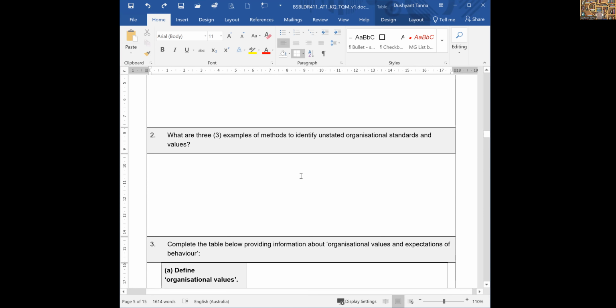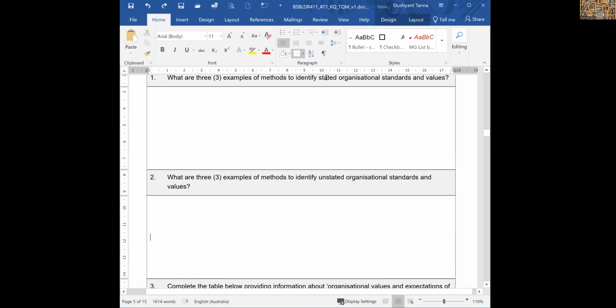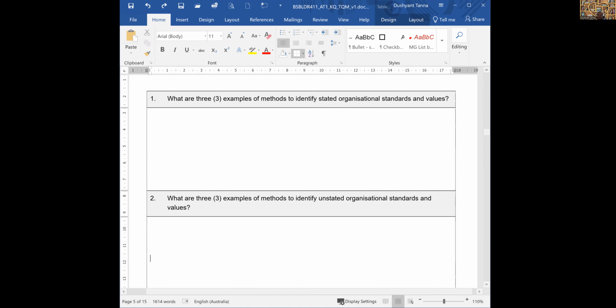Question 2. What are 3 examples of methods to identify unstated standards and values? So this was all stated, it's been narrated. Unstated is whatever is not being said. How would you get that information?